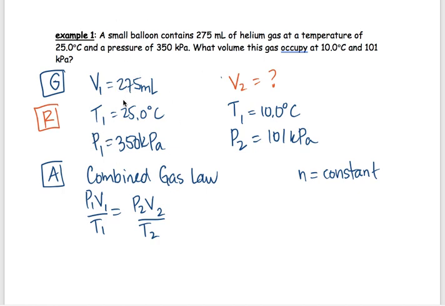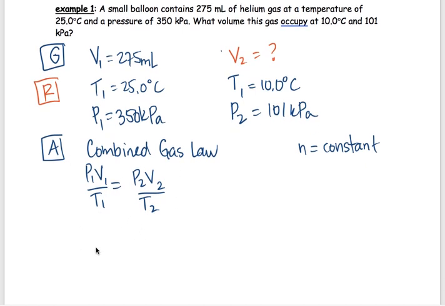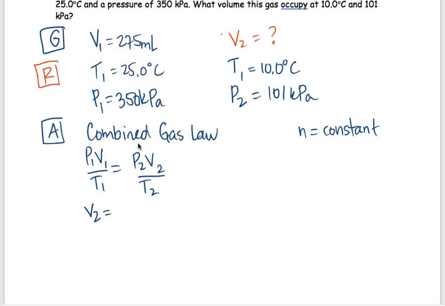So it's at these initial conditions, but then suddenly the conditions change. It becomes these conditions here. So we're going to go through and figure out the volume from there using the combined gas law. Again, we can rearrange this before we actually start calculating. We want V2 by itself. So I'm going to move the P over here by dividing it, because right now it's multiply, and I'm going to move the temperature by multiplying it over because it's divided right now.